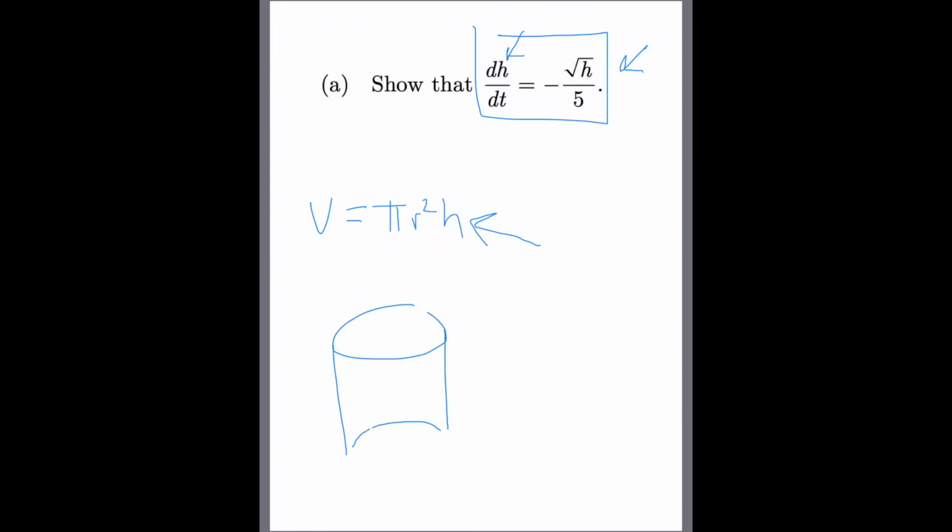And in this problem, the radius of the water that's growing, filling up, or decreasing, because I think it's leaking in this problem at least, is always going to stay the same.